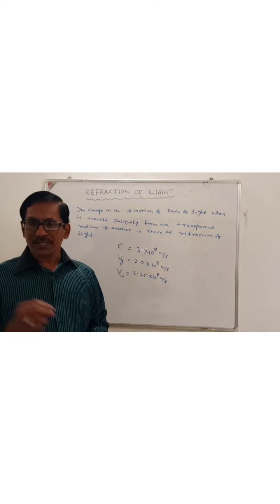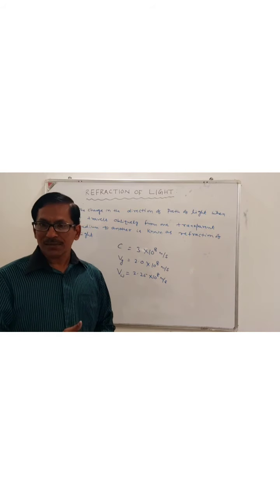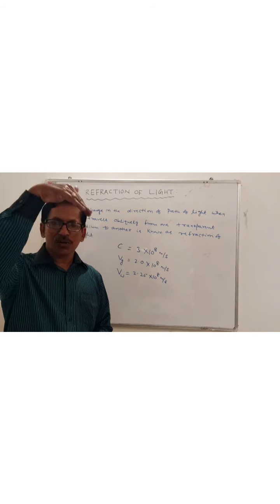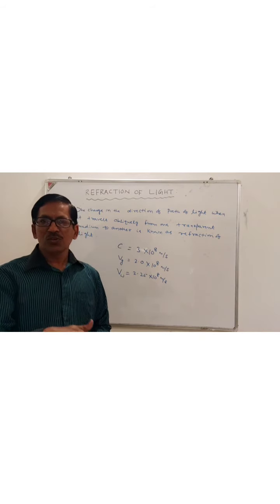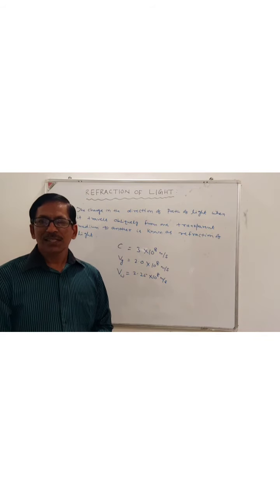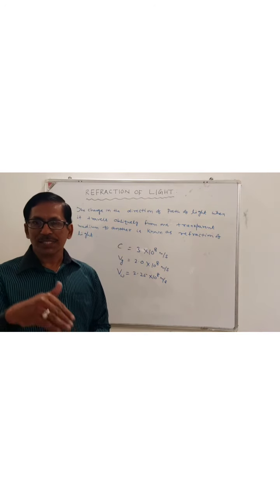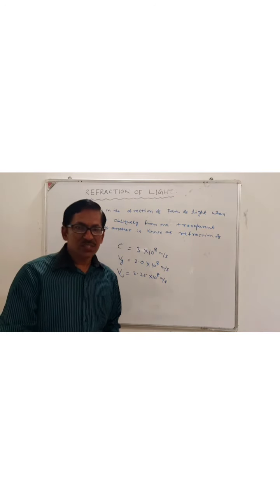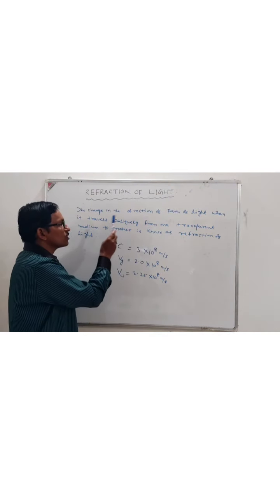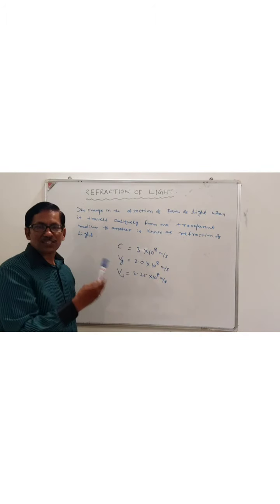And it is not always. When light is incident obliquely, you will observe refraction. When light falls normally, for normal incidence, there is no refraction, no change in the direction of path of light when it is incident normally on an interface separating two media. So, the change in the direction of path of light when it travels obliquely from one transparent medium to another is known as refraction of light.